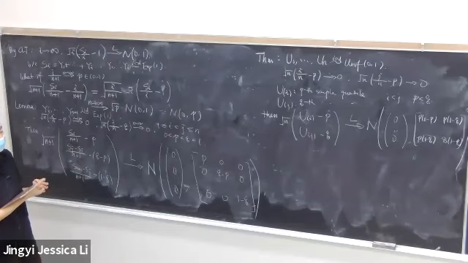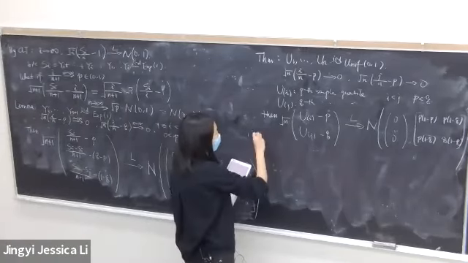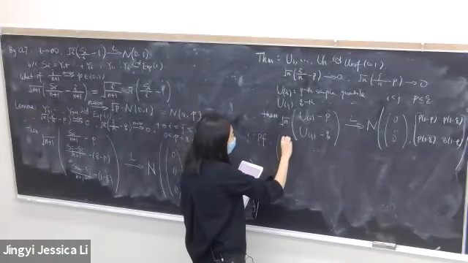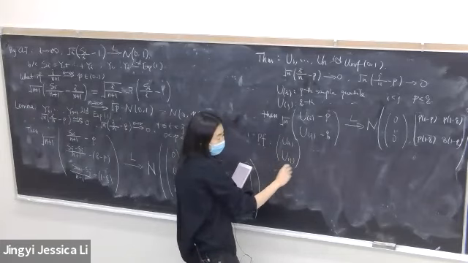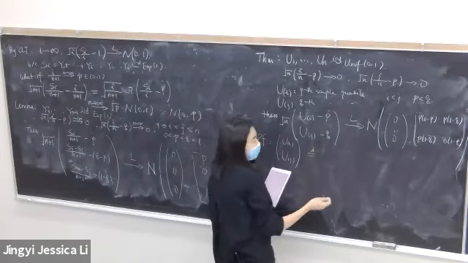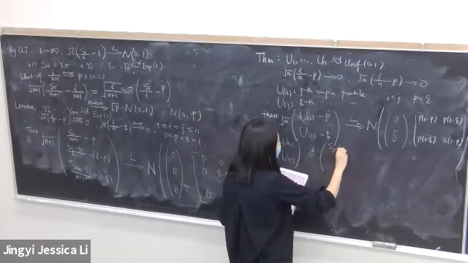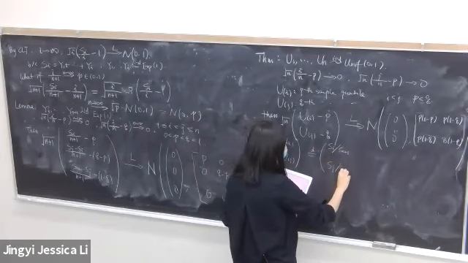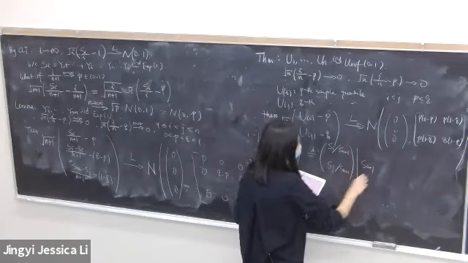So the previous lemma let us know that this Ui, Uj's distribution is the same as the Si over Sm plus 1, Sj over Sm plus 1's distribution conditional on Sm plus 1.